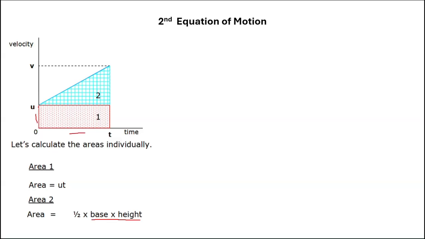This horizontal line is our base, and this is our height. We can see that the base is equal to time t, and the height is equal to v minus u.